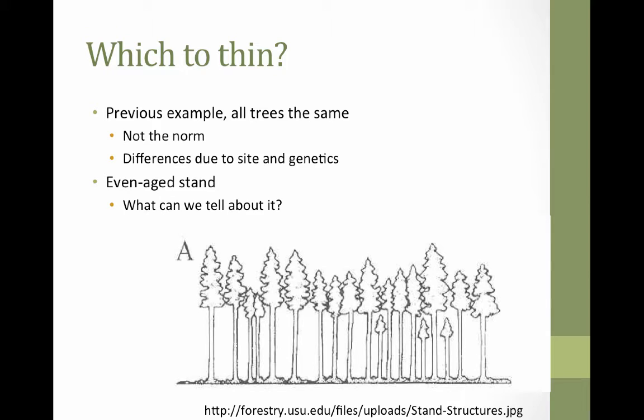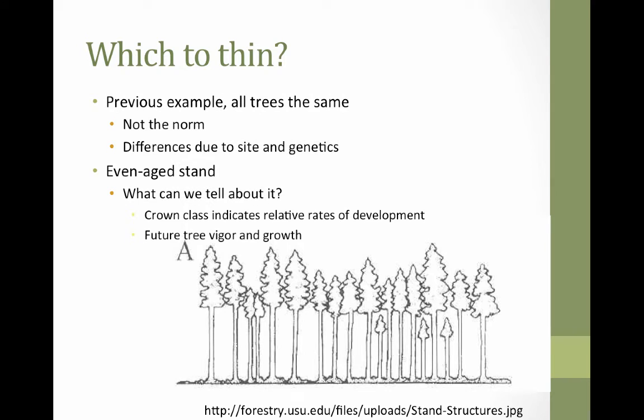So again, even age stand, what can we tell about it? Well, we can tell that the crown class indicates relative rates of development. So a tree that is a dominant tree probably was either on a better site, at lower density, or there was something that allowed it to become dominant.